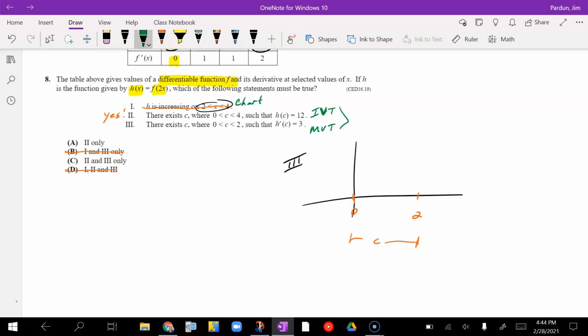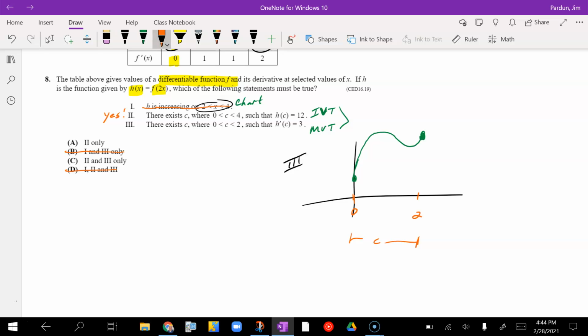What I have to prove is that whatever this graph is doing between 0 and 2, and I don't know what the graph is doing between 0 and 2. I can tell you what the outputs are at 0 and 2, but not what the graph does between. Let's just say the graph is doing something like this. Maybe it comes down like this and does this.